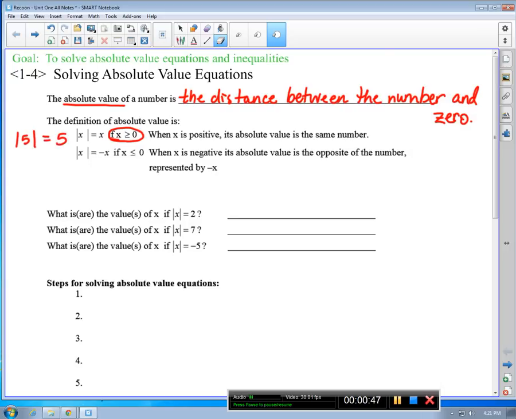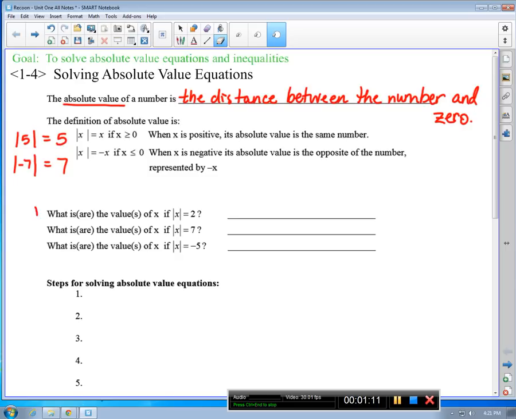So the absolute value of x equals x if x starts out positive. If x starts out as negative, then the absolute value of a negative is still positive. So the absolute value of that initial negative number is positive 7, which is the opposite of that inside number.